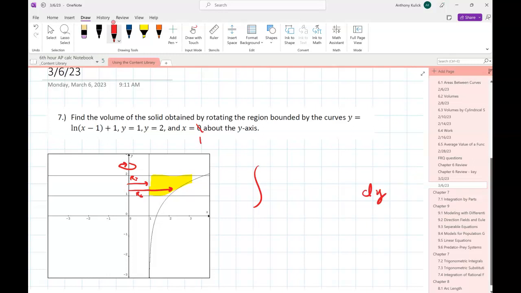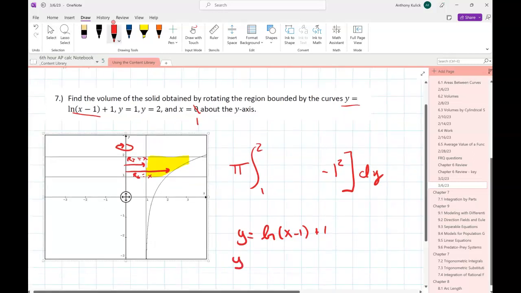So what are my bounds of integration going to be? 1 to 2. And I'll just put my pi out front because the washer is r outer minus r inner. The problem is that this radius is an x value. Well, that part is easy. R inner is just 1 for x. To get r outer, though, I need to take this equation and get x by itself.